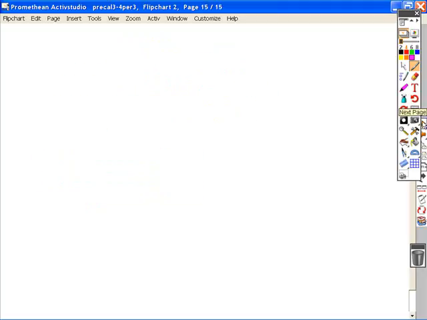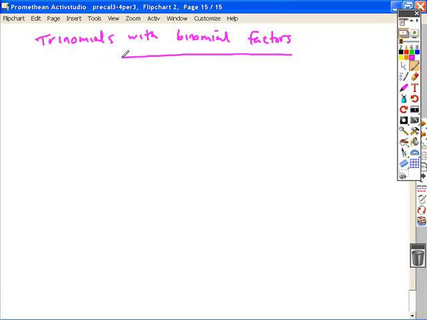Okay, the second thing that I want to look at is trinomials with binomial factors. And this is probably the traditional way that you guys learn to factor.